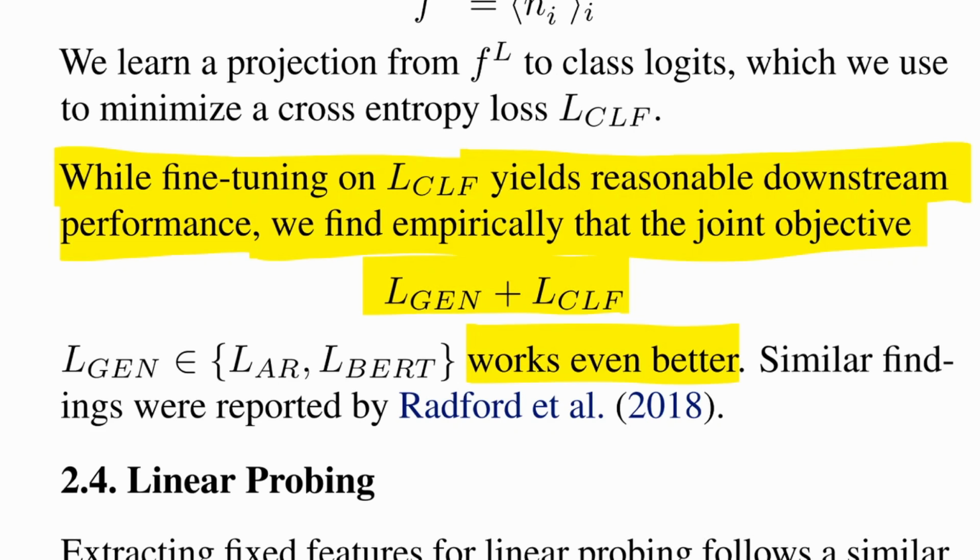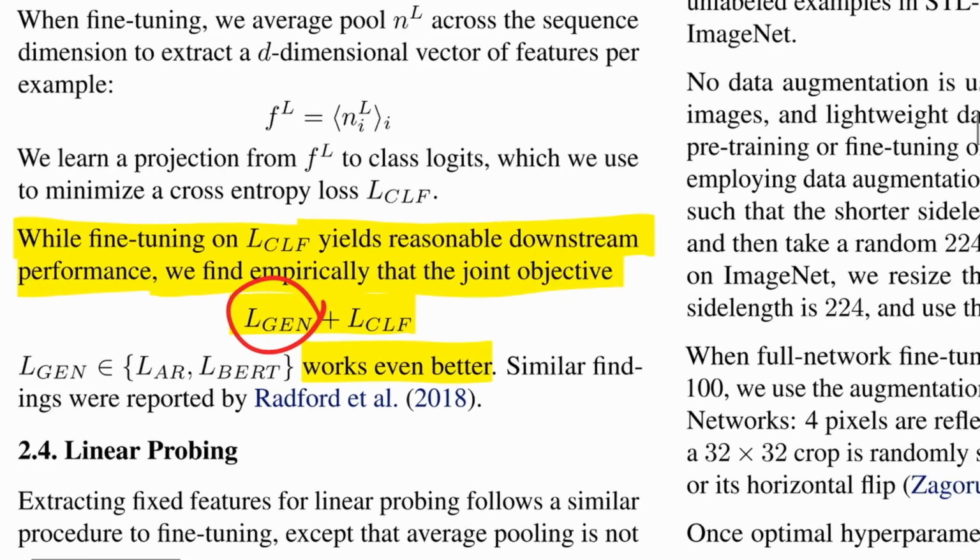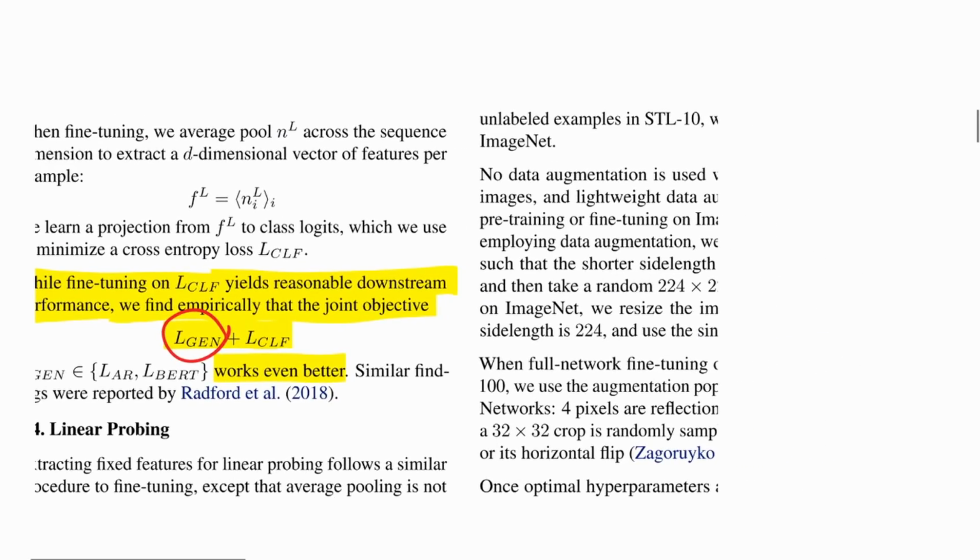So even when you fine-tune this model, you have to keep the generative modeling part, the generative loss, around, and then it performs even better. So that's also something to think about.